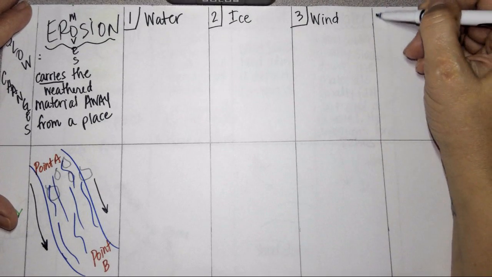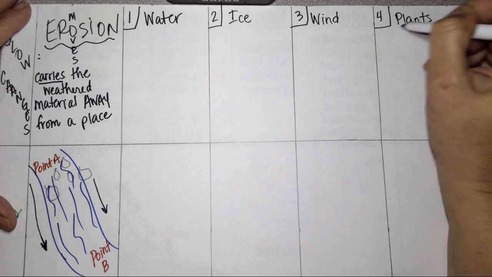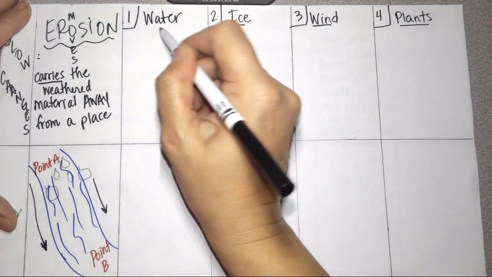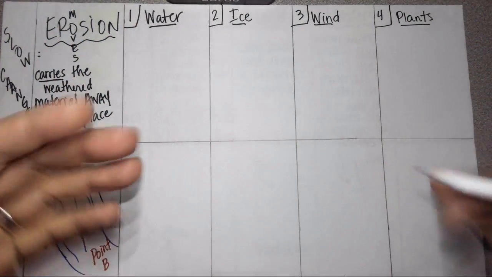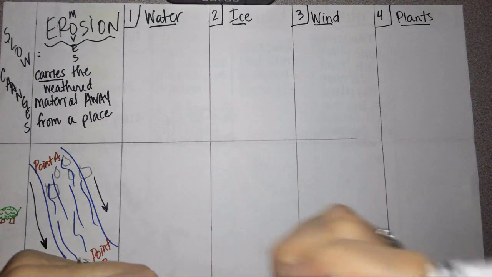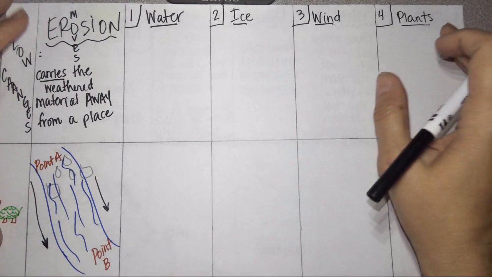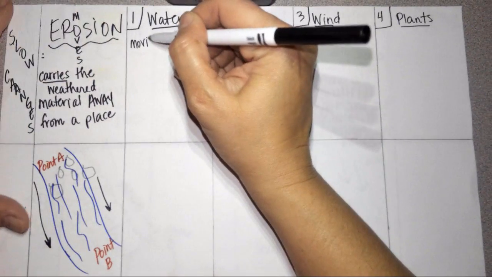And then erosion also involves plants. Right? So remember, wind, water, ice, and plants are involved in all three: weathering, erosion, and deposition. Good job.